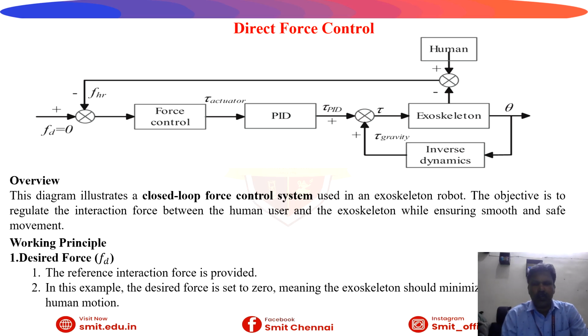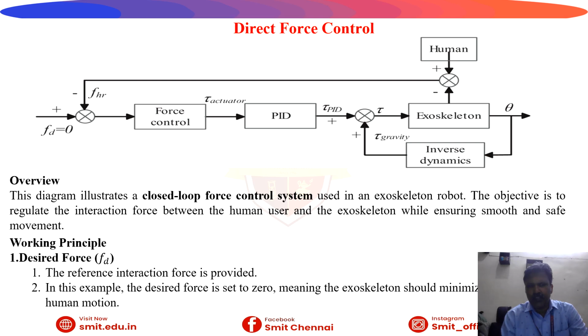We have already seen closed loop and open loop systems in Unit 4, control of manipulators. It is used in an exoskeleton robot. The objective is to regulate the interaction force between the human user and the exoskeleton while ensuring smooth and safe movement.